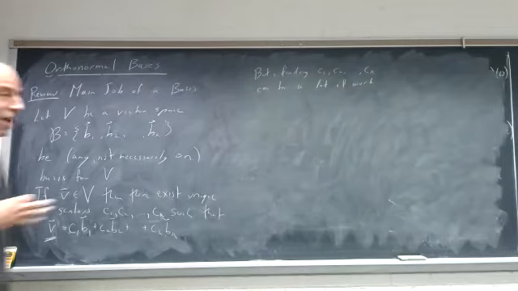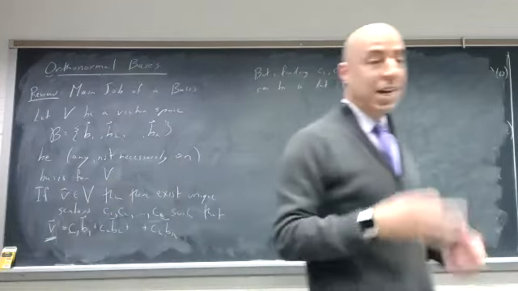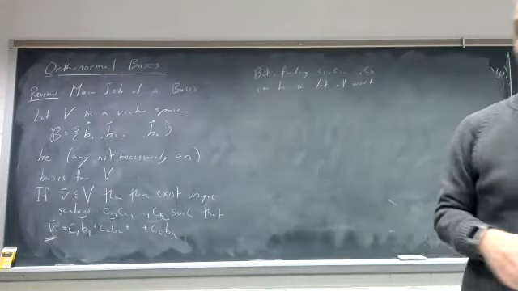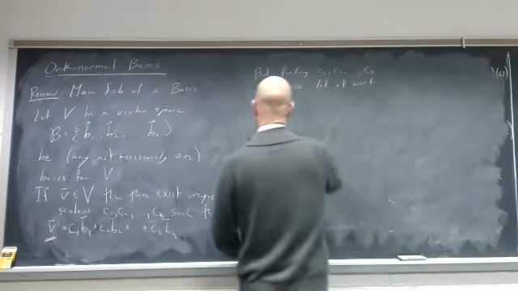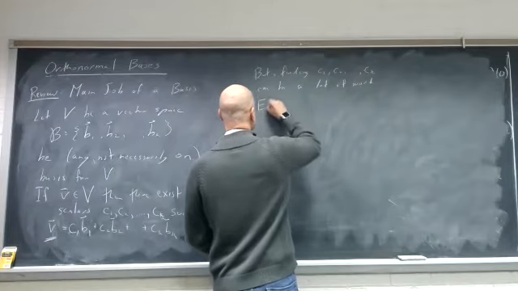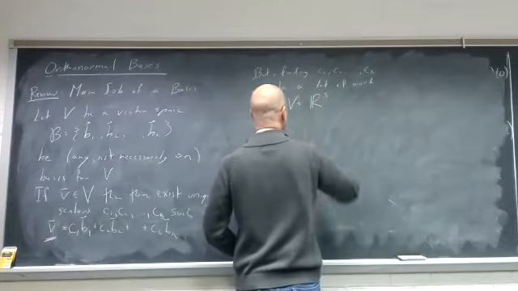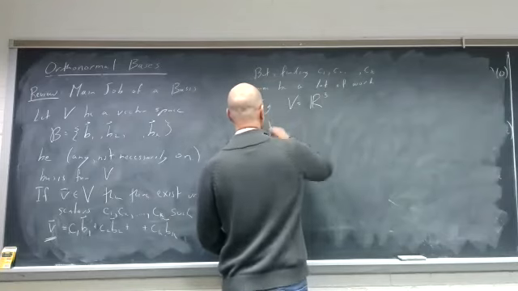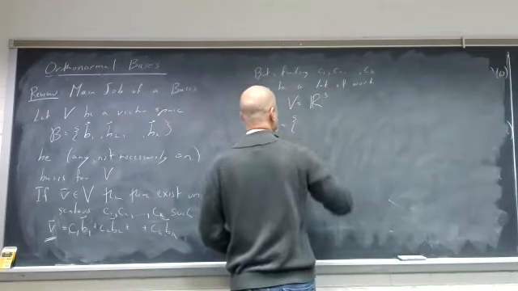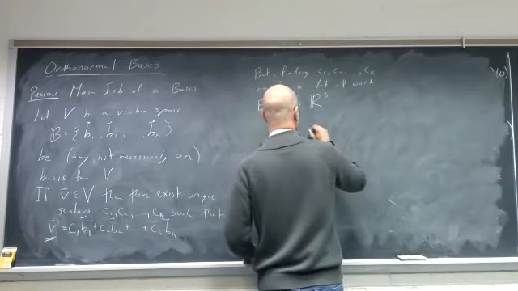Let me give you a basis for, say, R3 and a vector, and we'll find C1 through CK. So, for example, let's let B be R3, and I'll give you a basis.